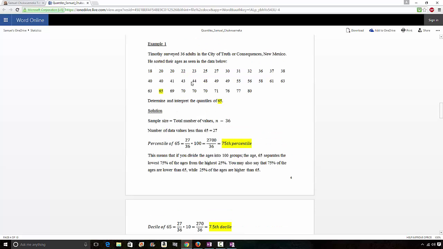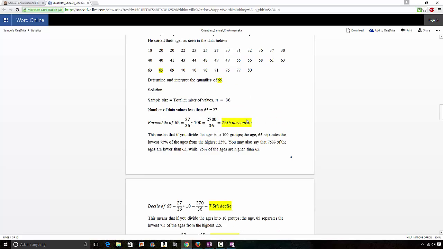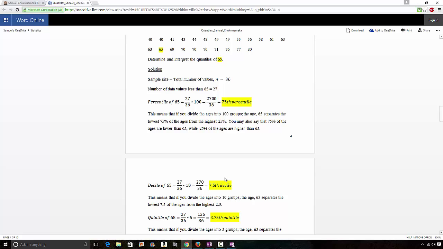If you divide this data set into 100 groups, then 65 separates the lowest 75% because it is the 75th percentile. The age 65 will separate the lowest 75% of the ages from the highest 25% of the ages. Or you can also say that 75% of the ages are lower than 65, while 25% of the ages are higher than 65. That is the interpretation.